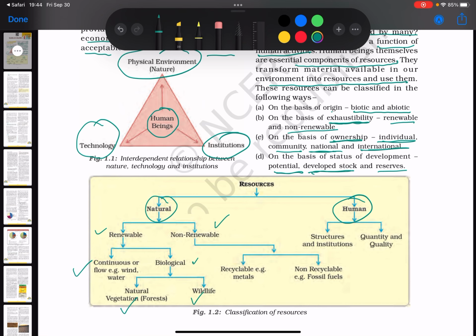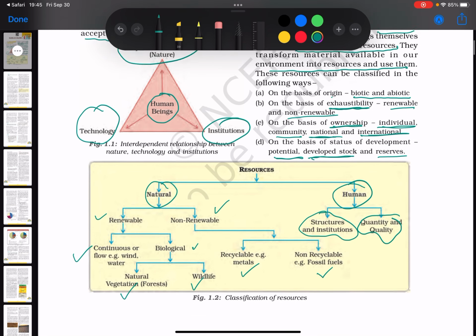The non-renewable resources can be further classified into recyclable resources like metals, or non-recyclable like the fossil fuels. Similarly, human resources can be classified as the structures and organizations that exist in a particular geography, as well as the quantity and quality of the human population.